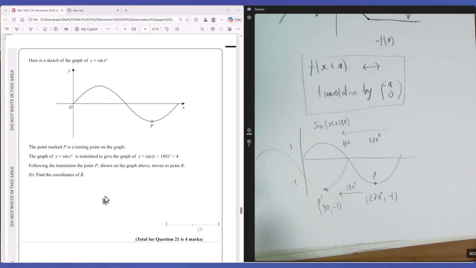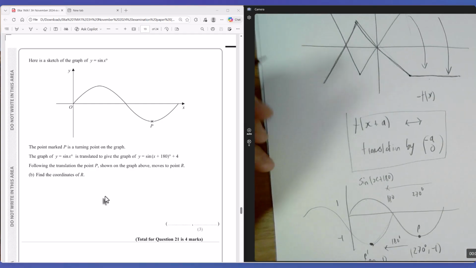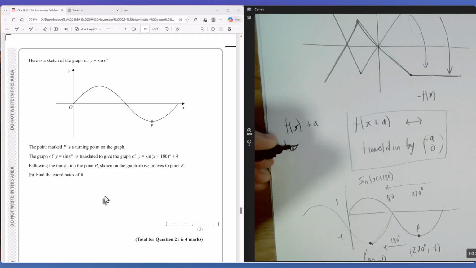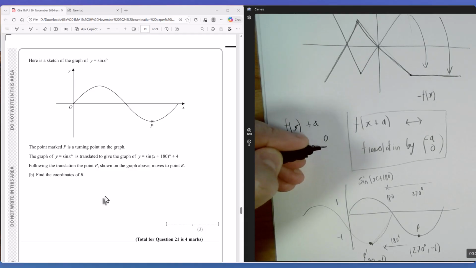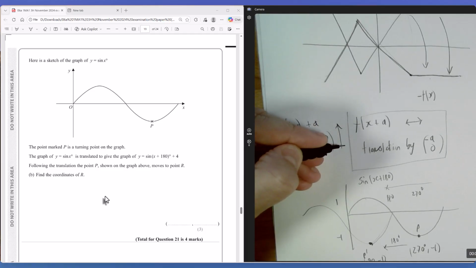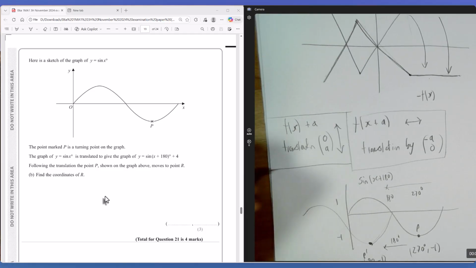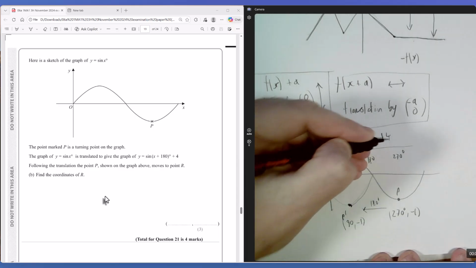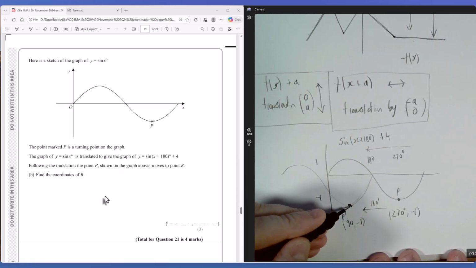That's the first transformation. Now there's another transformation which is add 4. Now when you've got a graph transformation that's of the type f of x add a, that is also a translation, but this time it's by vector 0, a, which just means it moves up or down by a. So if we now have add 4, this whole graph is going to move up by 4.